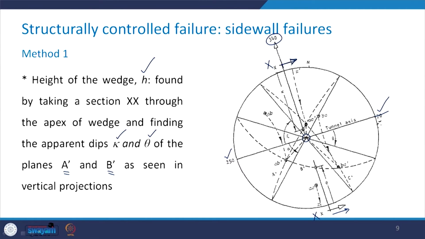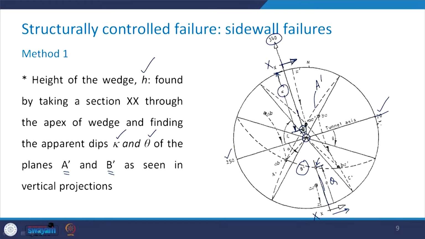Wherever this section XX intersects the great circle B prime, which is this point, this angular distance is theta, and it intersects this great circle, which is A prime, at this particular point, and this angular distance is your kappa.